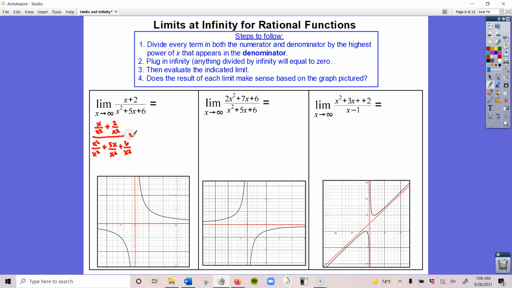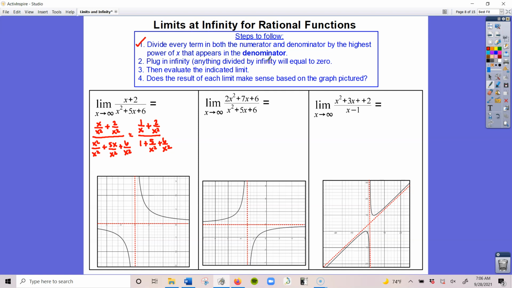Now we simplify. x over x squared is 1 over x, plus 2 over x squared, over 1 plus 5 over x squared plus 6 over x squared. So that's step 1. Now we're going to plug in infinity.